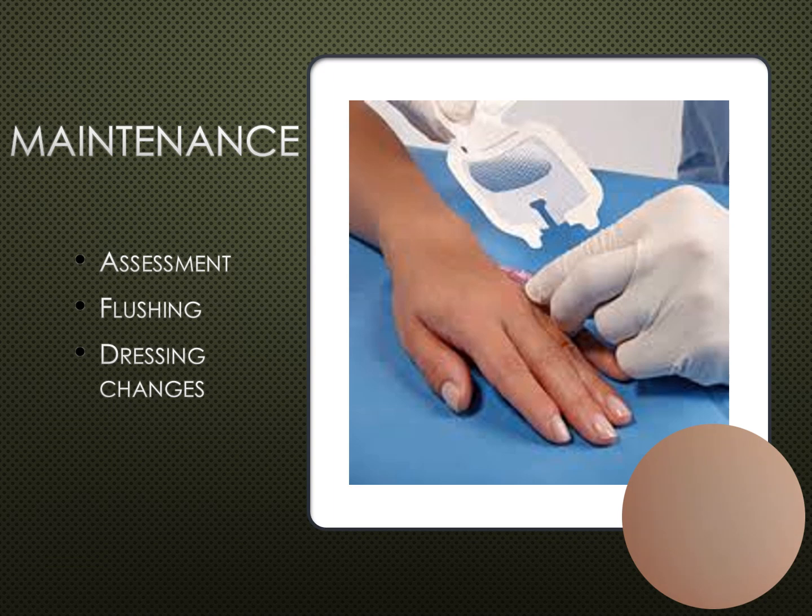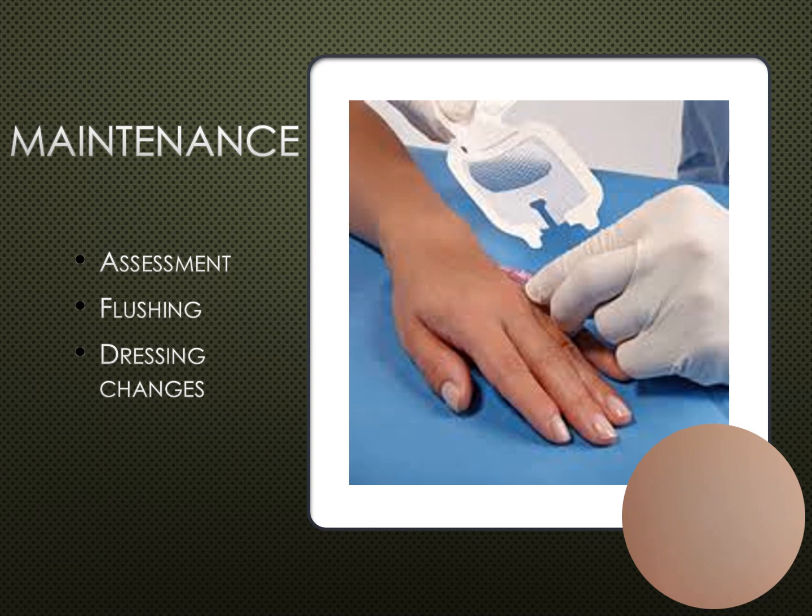After a device has been used, or we've discontinued a continuous infusion, we're going to flush a device per facility policy. Understand that some of the central devices will require heparin flushes to maintain patency.